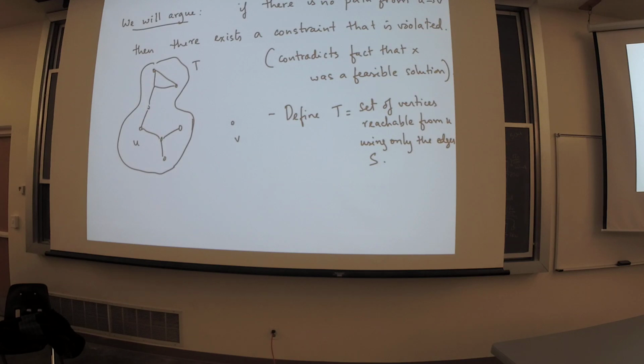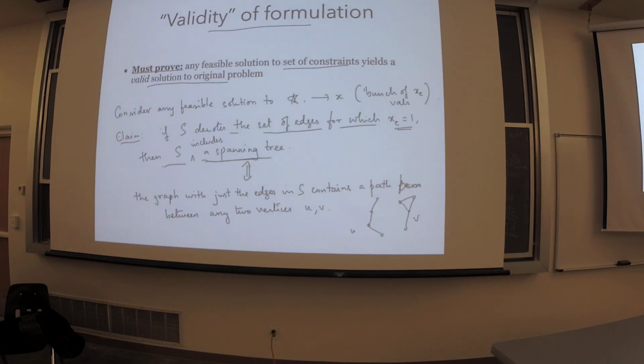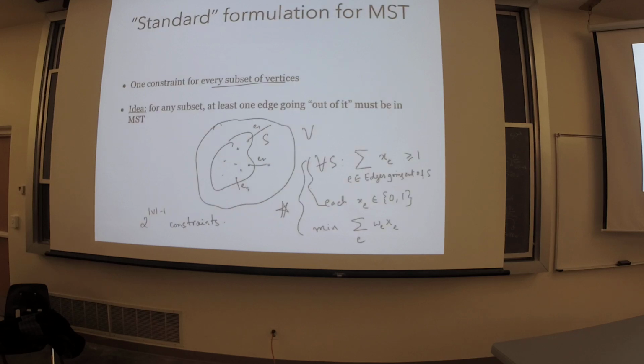So is the feasible solution, like, is the minimum spanning tree supposed to be a strict subset of the feasible solution? Not a strict subset, it could be equal to that. But what we would like to say is that if you just look at the edges that we pick, you have a path between any two vertices U and V. That was the official definition of the problem, right?